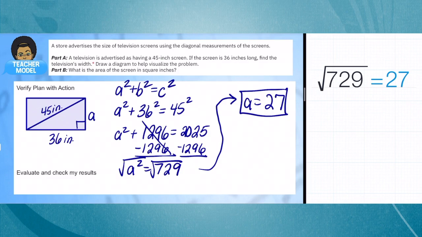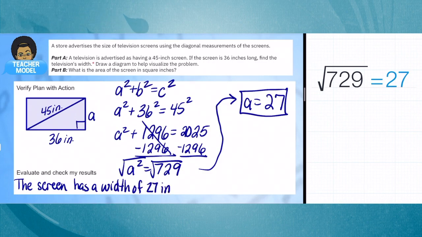So let's put that into our final answer. The screen has a width of 27 inches. But we're not done. That just answers part A.